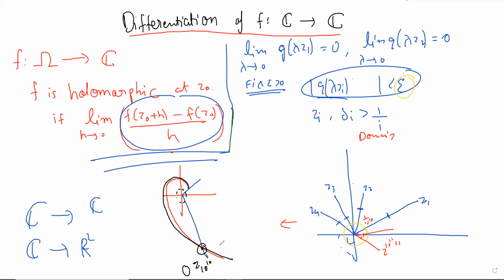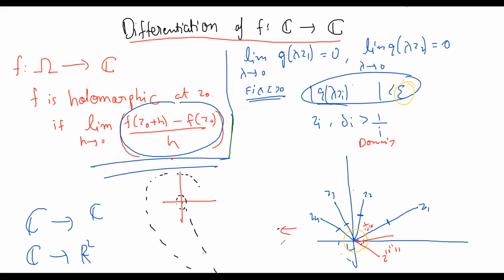This is just the output values when you take the input values along the zi's, right? So maybe I should draw, because I'm not prepared. Along the zi's it is like this. Sorry, one second, something else opened.